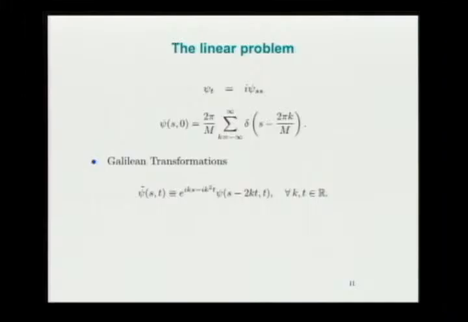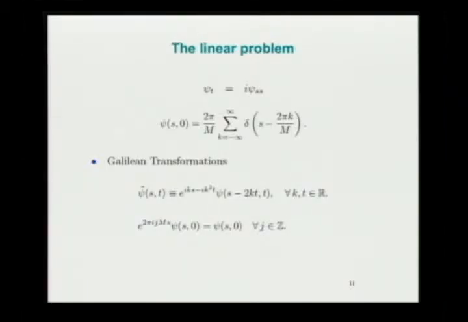But now, what is the initial condition for this new solution? Well, I make t equals 0, and this is what I get. Now k becomes 2 pi j m. Why?